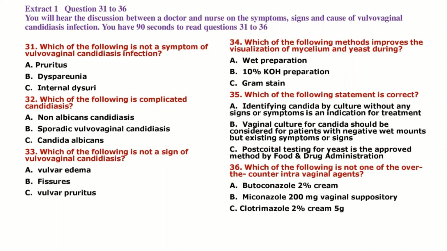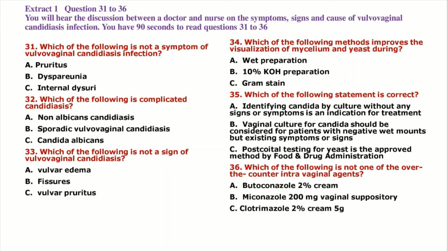either uncomplicated or complicated. About 10 to 20% of women will have complicated vulvovaginal candidiasis, requiring special diagnostic and therapeutic considerations. Types of uncomplicated vulvovaginal candidiasis are sporadic or infrequent vulvovaginal candidiasis, mild to moderate vulvovaginal candidiasis, likely to be Candida albicans, and in non-immunocompromised women.